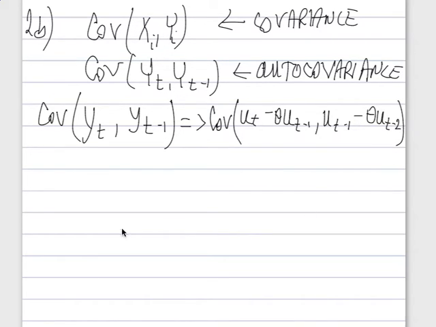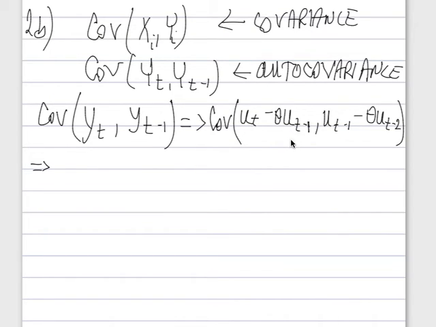So we shifted it by a time lag. And now, this is comma, guys. Now, can you expand this bracket using the covariance operator easily? Are you all familiar with this?